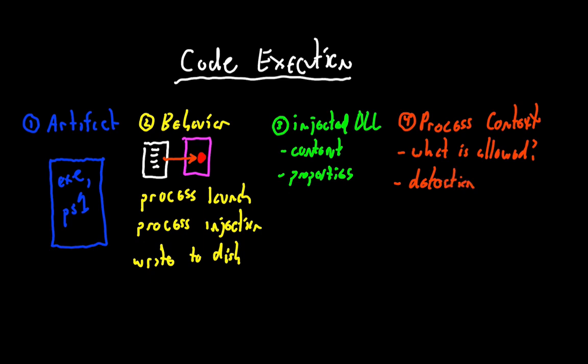Some processes are heavily abused, or some process contexts, and therefore subject to more aggressive detection heuristics than other process contexts. In practice, you'll see this with memory-injected DLLs.